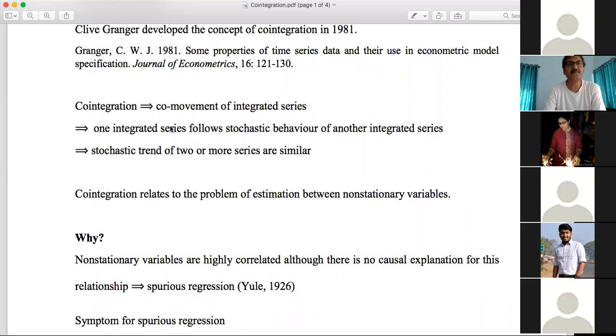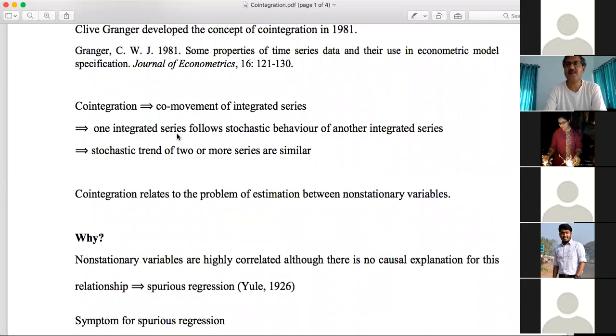In other words, one integrated series follows the stochastic behavior of another integrated series. So co-integration means we have several integrated series that follow a similar kind of stochastic trend.